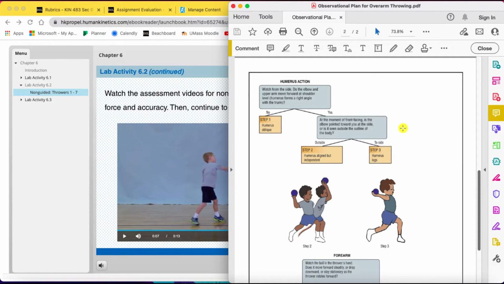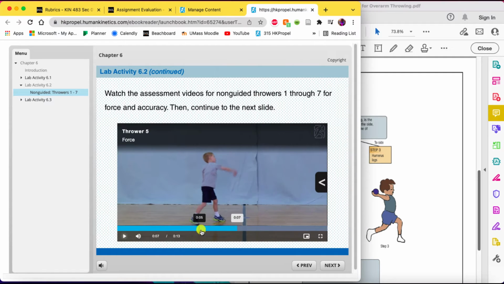So when they get to front facing, is their humerus, or technically think about it, is their elbow pointing towards you? Or do you see their elbow kind of outside of their body line? So we'll pull this back.